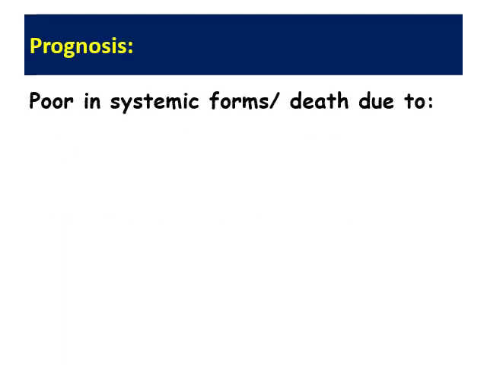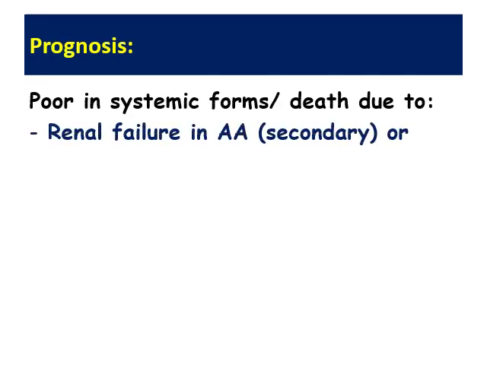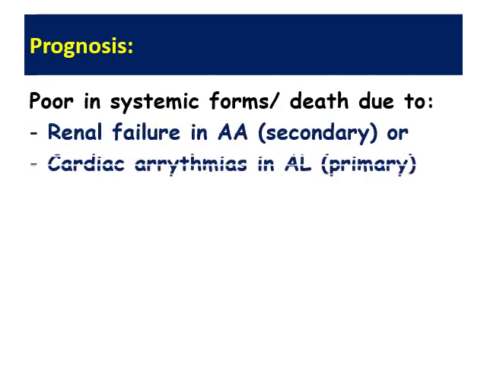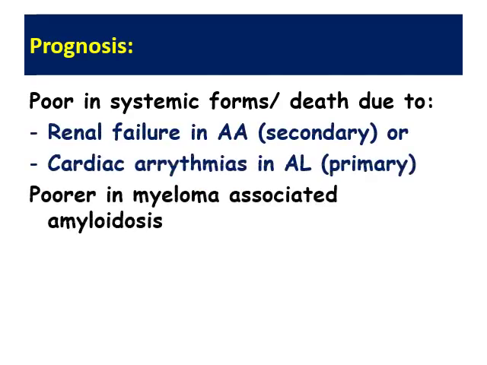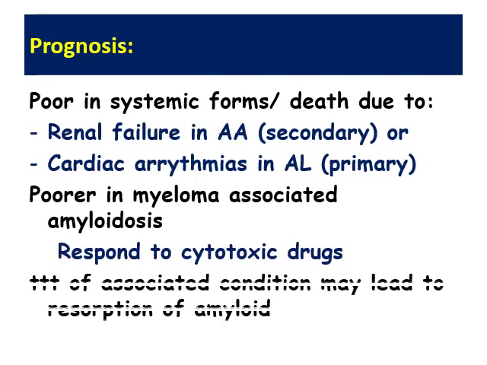Prognosis of amyloidosis. Prognosis is worse in the systemic affection. And in systemic affection, the primary type of amyloidosis is much poorer in prognosis than the reactive type associated with inflammation. Amyloidosis may lead to renal failure, cardiac arrhythmias.